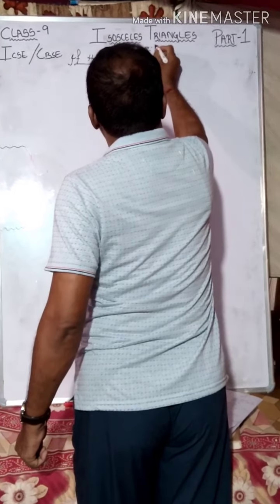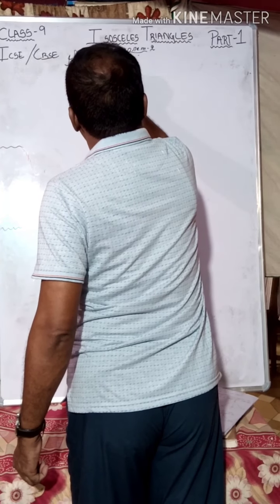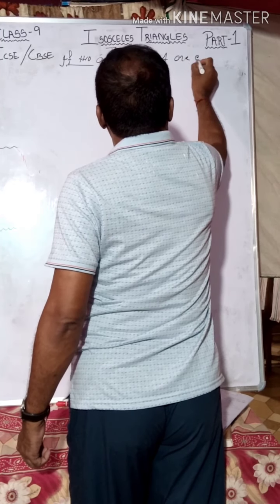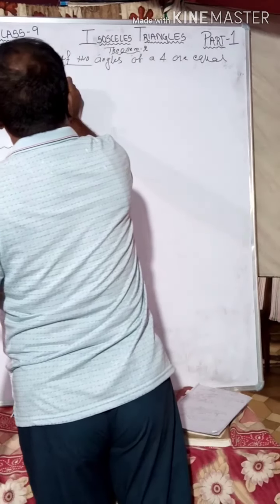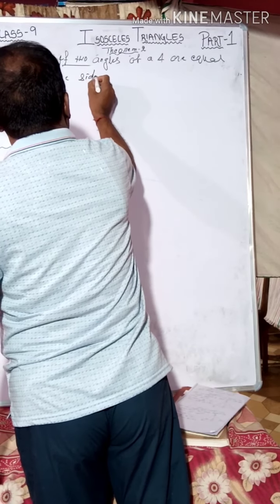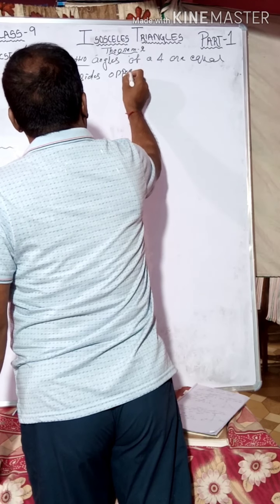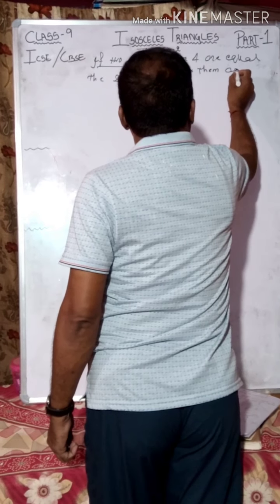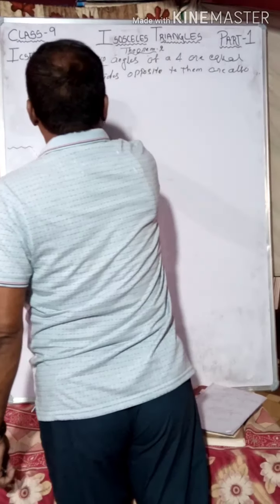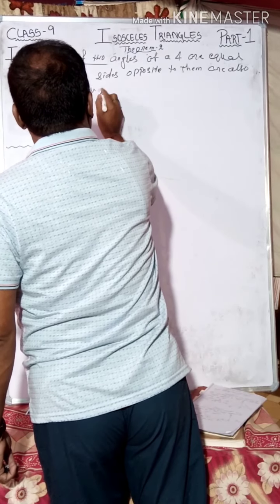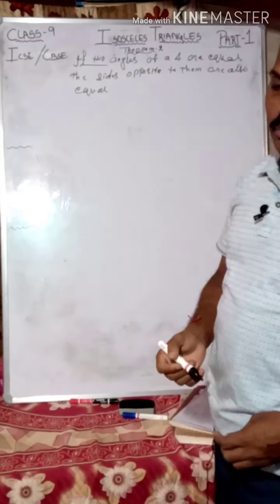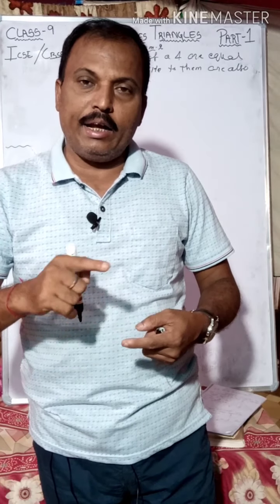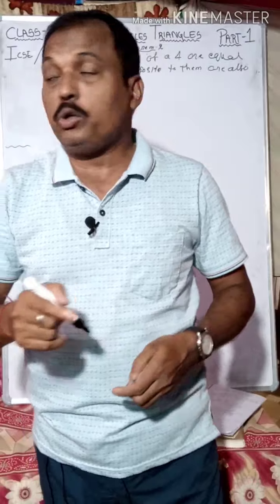Theorem 2: if two angles of a triangle are equal, then the sides opposite to them are also equal. This is the next theorem, just the reverse of theorem 1. If two angles of a triangle are equal, then the sides opposite to them are equal.